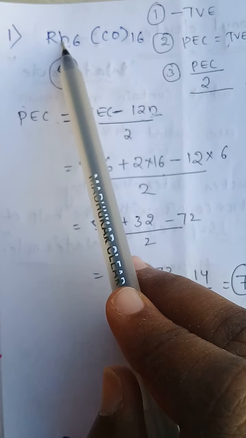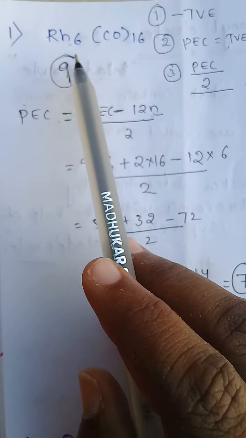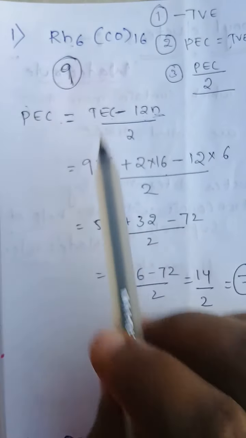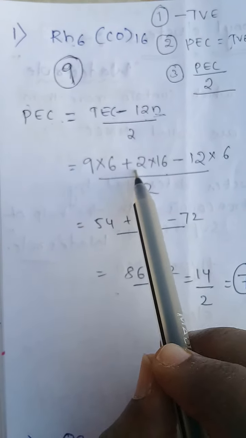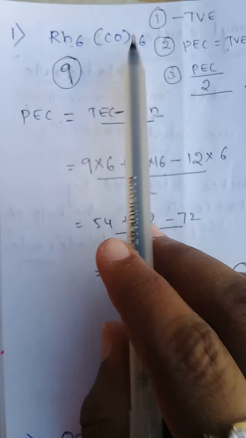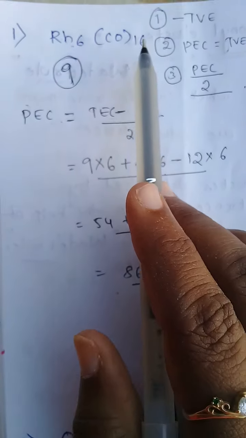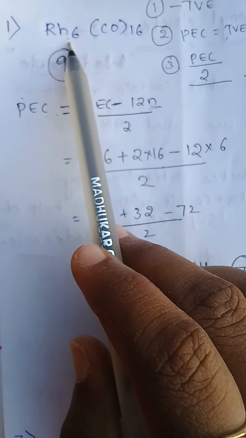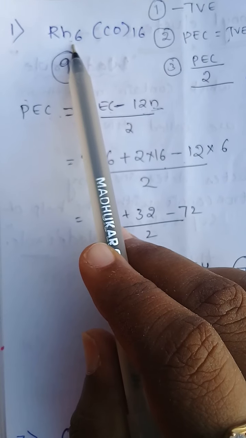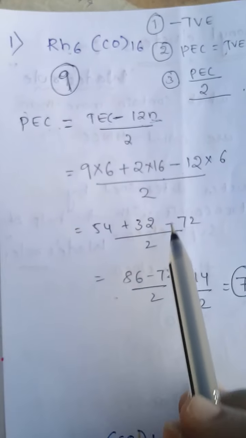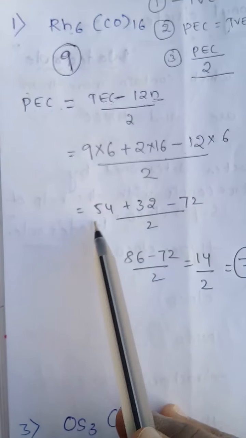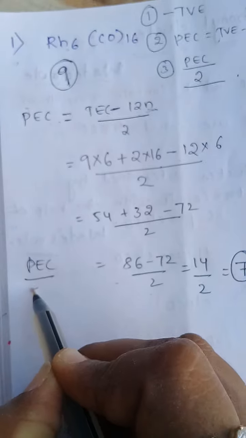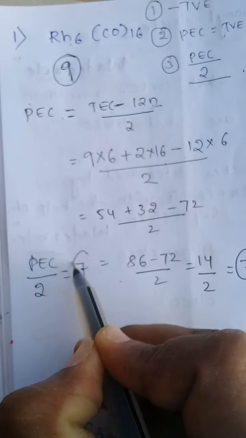Rhodium has 9 valence electrons, so 9 into 6, plus each carbonyl donates 2 electrons, so 2 into 16, minus 12 into n, where n equals the number of metal atoms. So the polyhedral electron count by 2 equals 7 electrons.